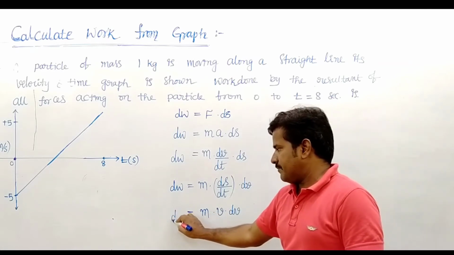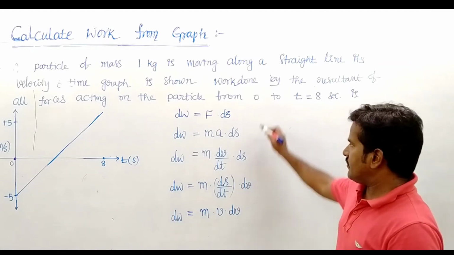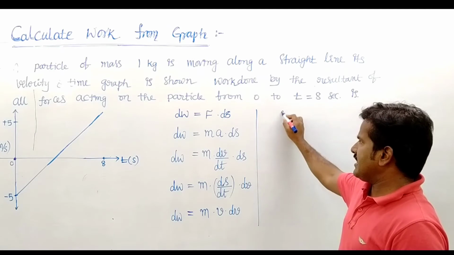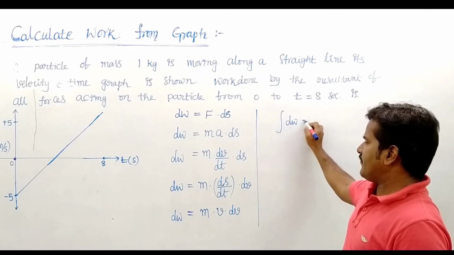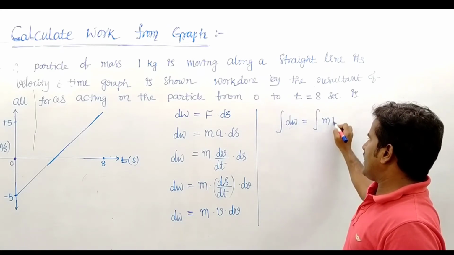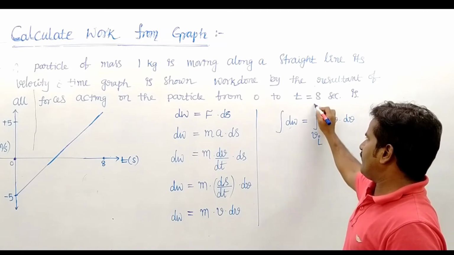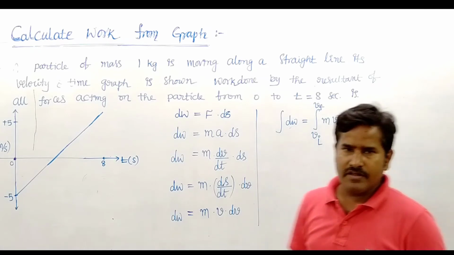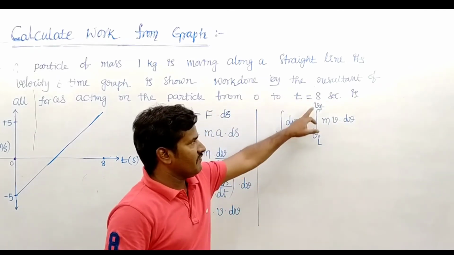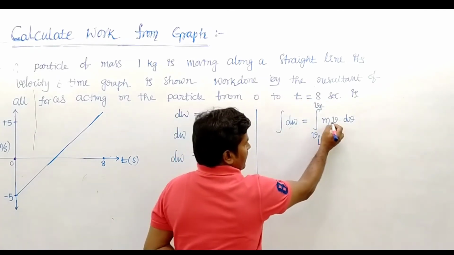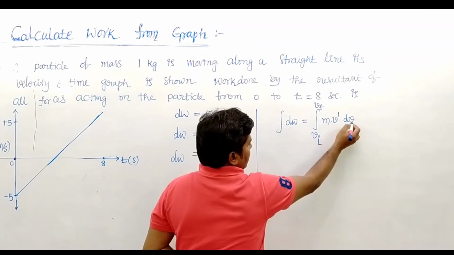This is the work done. But we want the work done W, so we integrate both sides: integration of dW, integration of mv into dv, with velocity initially vi and finally vf. Vi is the initial velocity, vf is the final velocity. Here, integration of v power 1 dv.